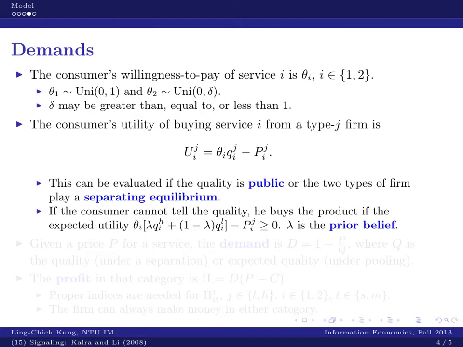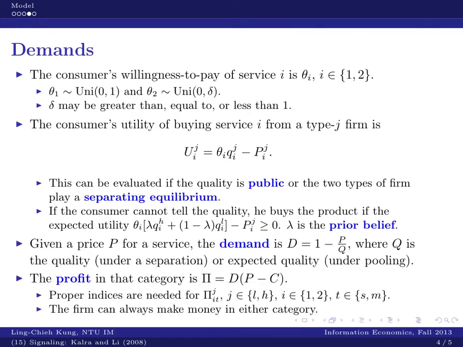So before I get any idea, I'm going to assume that lambda is the probability for the quality to be high, or I'm saying that I believe that's the probability for the Q to be high. And if that's the case, then this thing inside the square bracket is the expected quality, and I use that to determine whether I want to buy it.